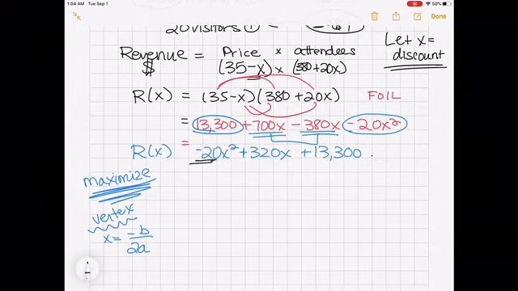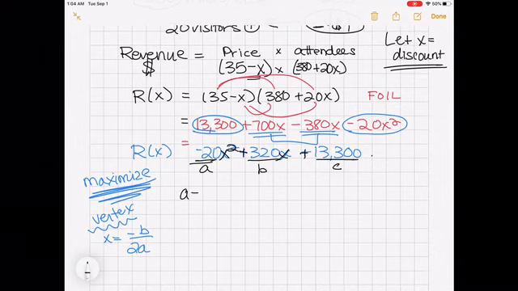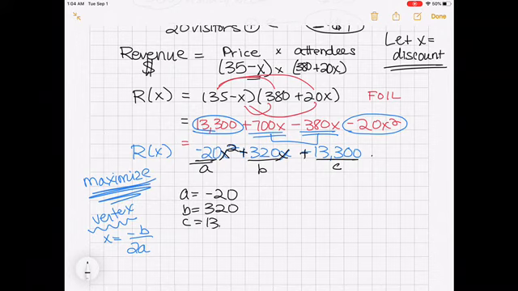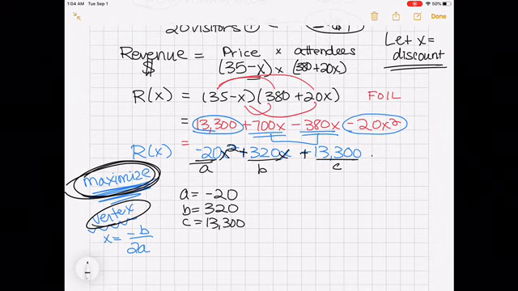We have our values of ax squared plus bx plus c. So here, let's write this down: a is negative 20, b is 320, and c is 13,300. Let's see if we can find this vertex in order to maximize it.